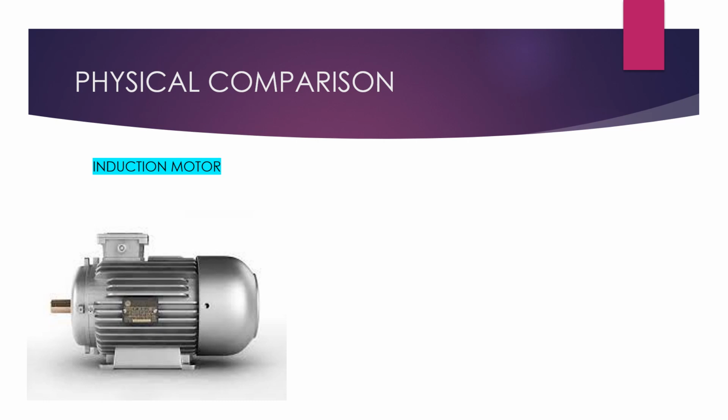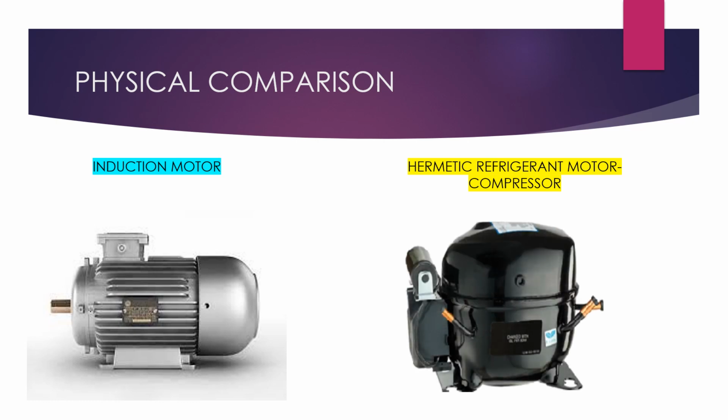There is air flow from outside to the inside of the motor winding. While in a hermetic refrigerant motor compressor, as you can see, this is a fully enclosed motor inside this container. So the big difference is this motor compressor will easily heat up as compared to a normal induction motor.